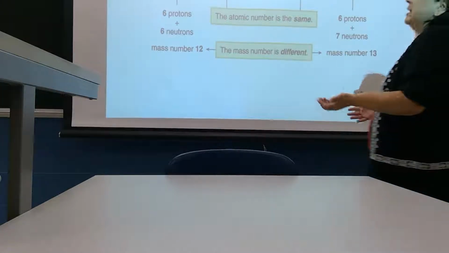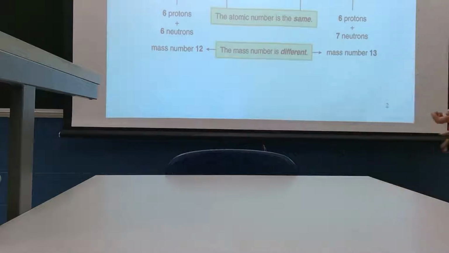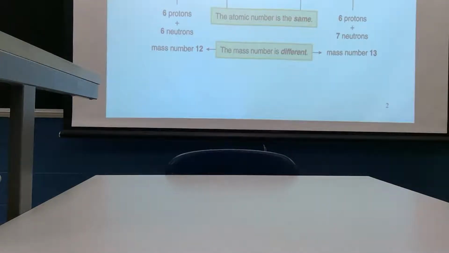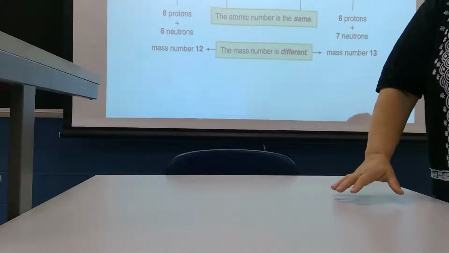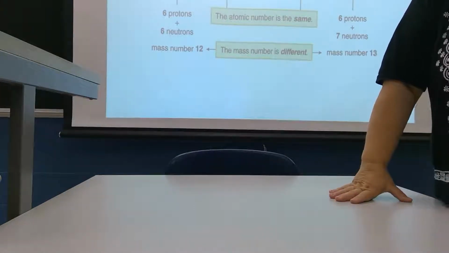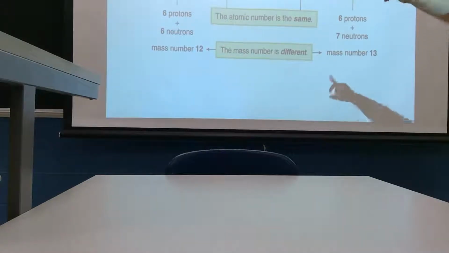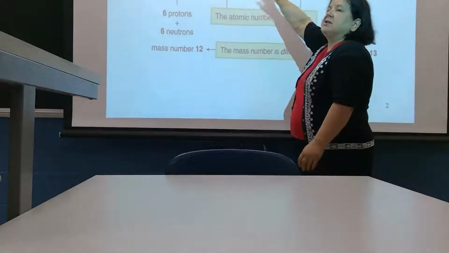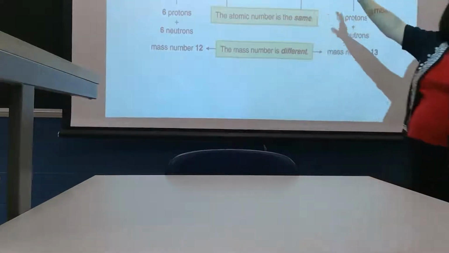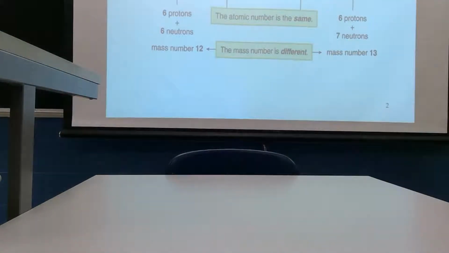So their mass will be different. And this number, 12.011, what you see, what's that? The average weight. Yes, that's right. So that's the average, depending on the percentage in nature of each isotope.